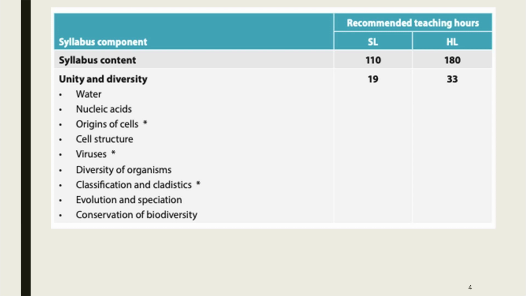in theme A, unity and diversity, it covers water, nucleic acids, origins of cells, cell structure, viruses, diversity of organisms, classification and clades, evolution and speciation, conservation of biodiversity. So these topics are going to be covered in theme A, 19 hours for SL learners and 33 hours for the HL learners.